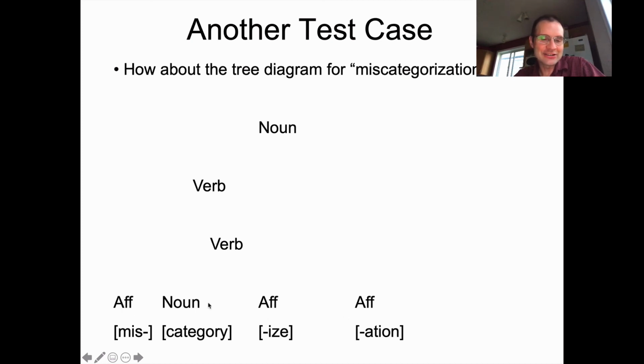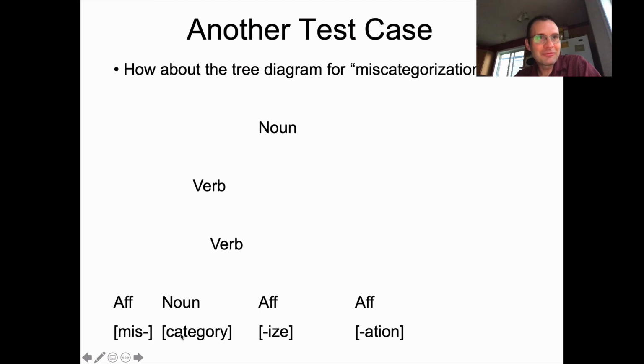You can't skip over morphemes, in English at least, and have branches crossing each other in your tree structure at the end of the day. So either mis or ize has to attach first. Which one do you do? We looked at ize before with vandalize, sermonize, and so forth. So we know that ize can attach to a noun and then create a verb out of that.